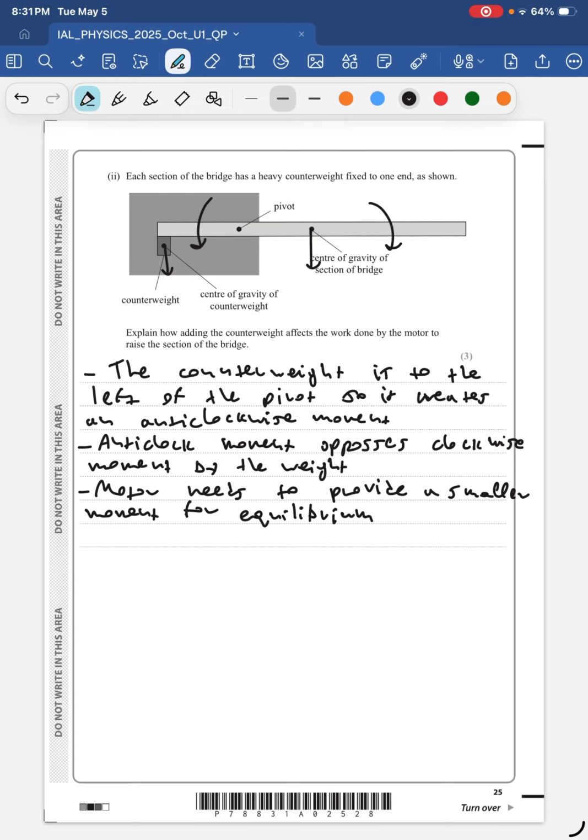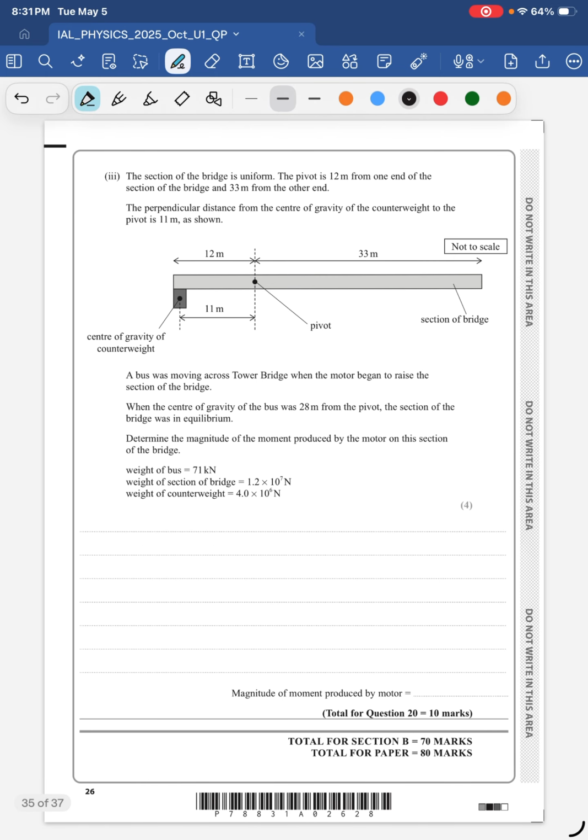Okay, smaller moment means smaller force, so less work. Okay, so this was part 2.